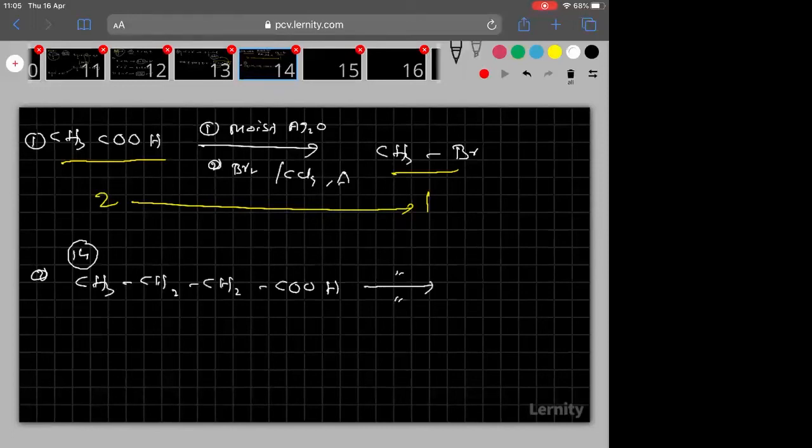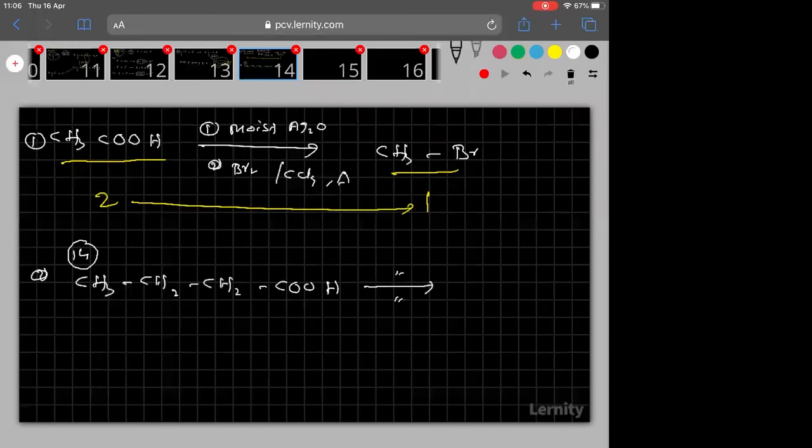So now you tell me what is the product formed in this reaction? As I told you, one carbon less bromoalkane is formed. You see how many carbons are there? 1, 2, 3, 4.